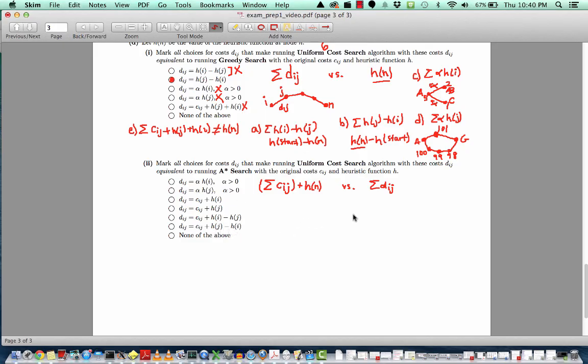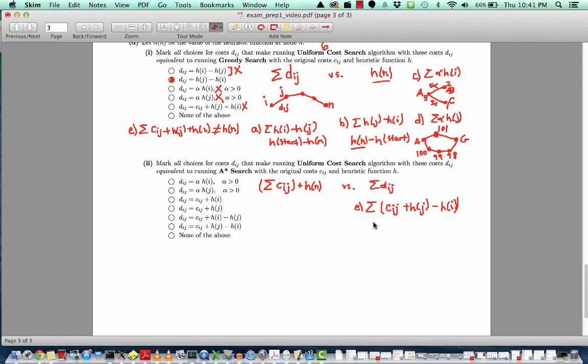So if we try this last value, this is option E, if we set dij equal to cij plus h of j minus h of i, we're going to get the sum over cij plus h of j minus h of i. Then for each term of the sum, the h of j is going to cancel out with the h of i at the next time step.